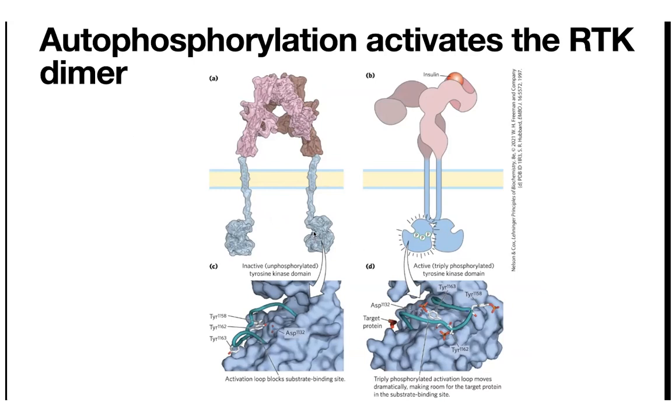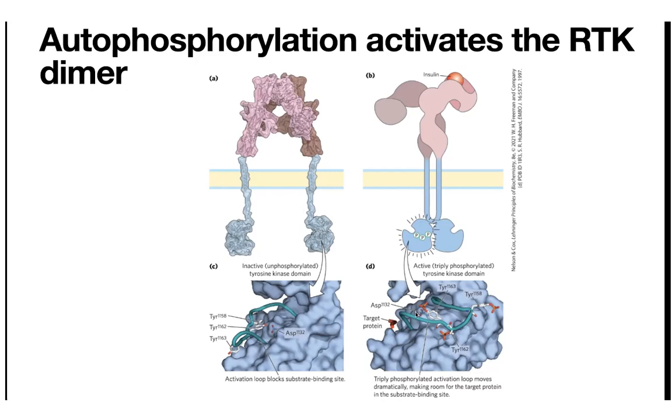But they can't do this unless they have the right conformation. And they won't have the right conformation unless you have the binding of the ligand. So the binding of the ligand causes a conformational change that activates the subunits to activate one another. It changes the shape of these subunits so that they're then able to phosphorylate one another.